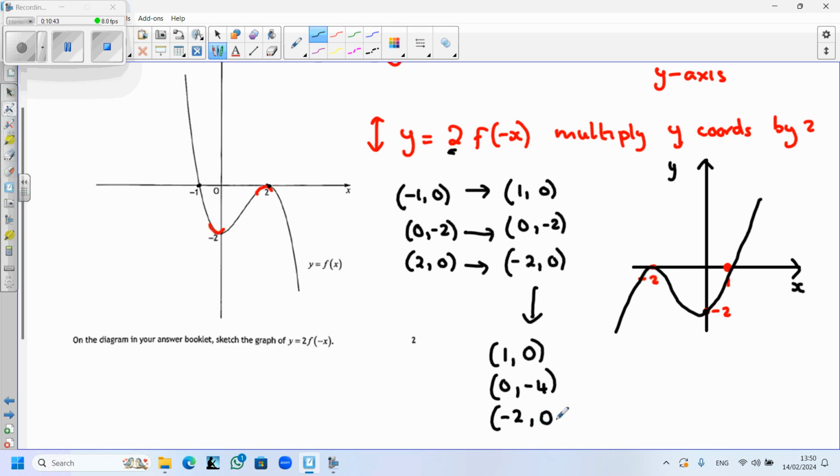So this graph, when we stretch it, becomes that: 1, 0 stays at 1, 0. I'll draw it in a different colour, so that stays there. Then we've got the point 0, -4. 0, -4 will go down there somewhere. I'll make that line a wee bit bigger, and we'll make that -4.